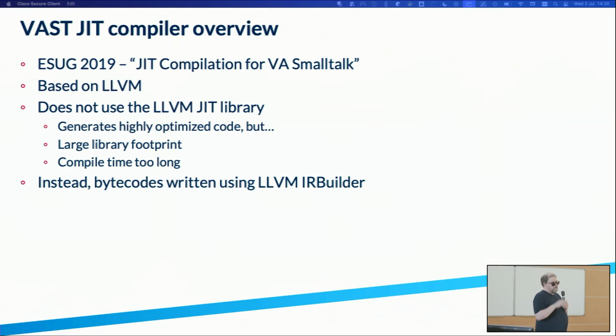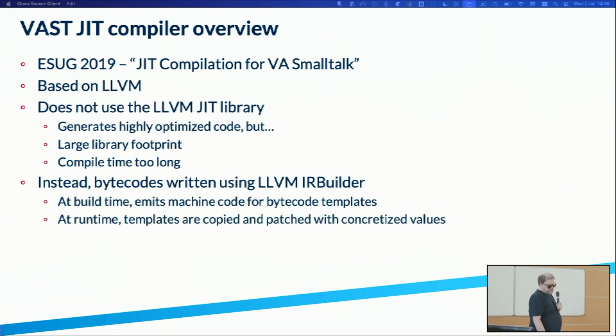We have a file for each platform which contains all of the machine code that has been generated by LLVM from the IR instructions that define that bytecode. Then at runtime, we just copy them together, and then we patch in the values that have to be different based on the context of the method.